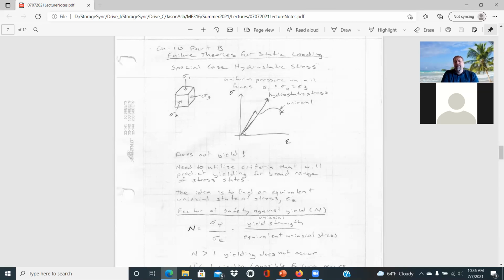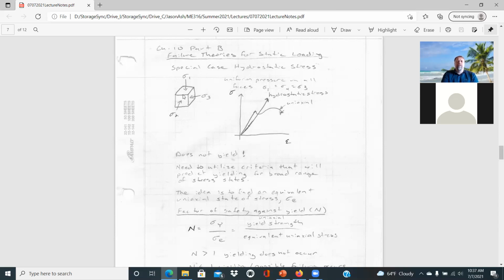If you were to do that for a uniaxial loading condition, we're all familiar with the nice linear elastic region, yielding, and then ultimately failure. But under a purely hydrostatic stress, the state of stress just increases without any yielding observed whatsoever. It's just being compressed further and further, and the state of stress keeps increasing and increasing.